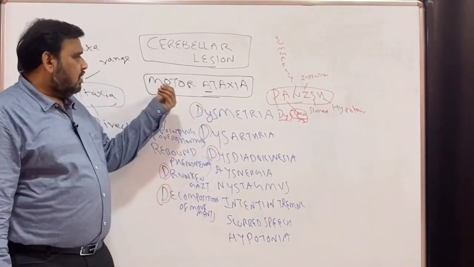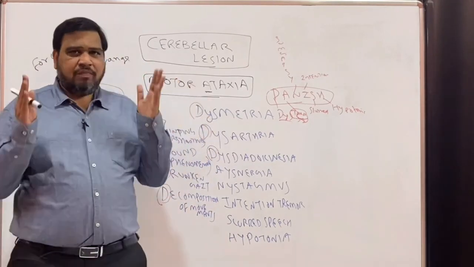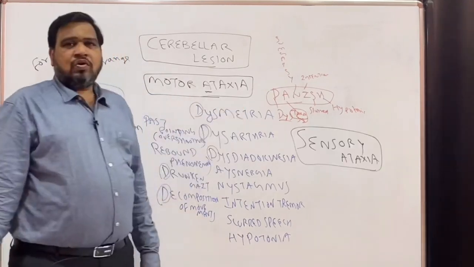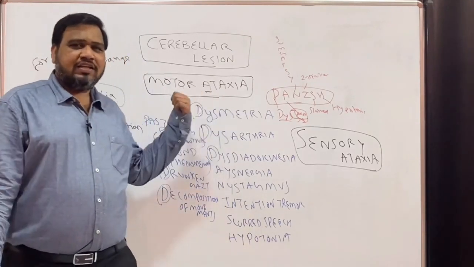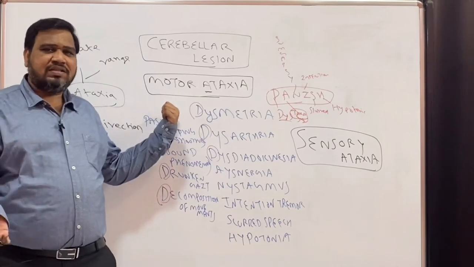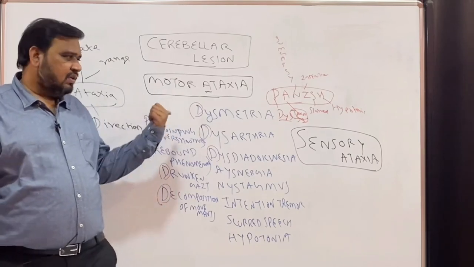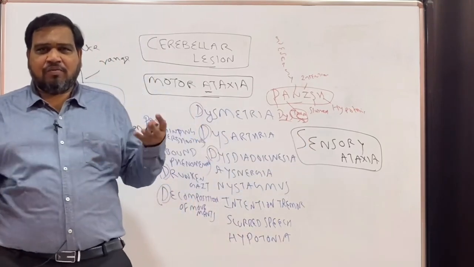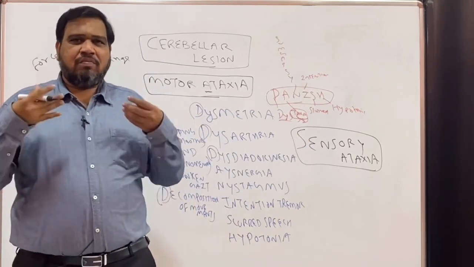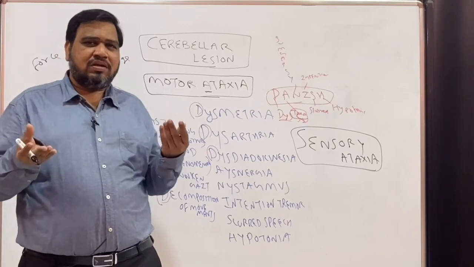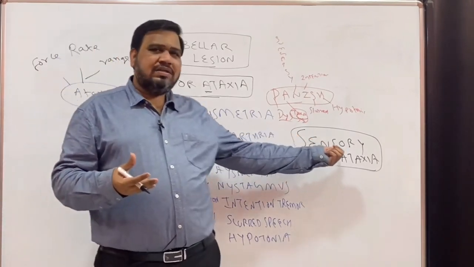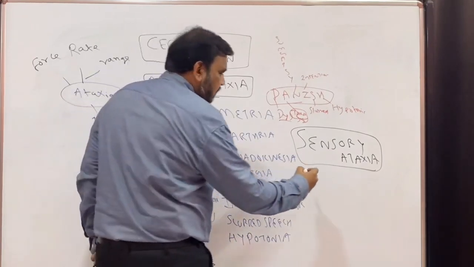If there is a term called motor ataxia, obviously there is one more term called sensory ataxia. So next question: where is sensory ataxia seen? Motor ataxia, the movements, is seen in cerebellar lesion. Sensory ataxia is when there is a defect in proprioception, one of the sensations. So my position sense I am not able to recognize with eyes closed, for example. So sensory ataxia is usually seen in lesion of the dorsal column.